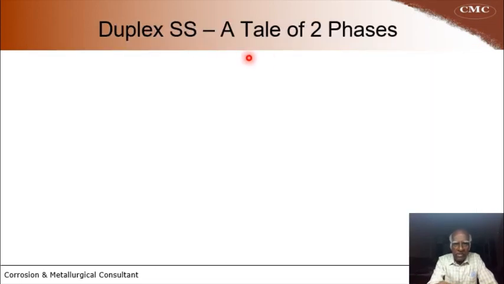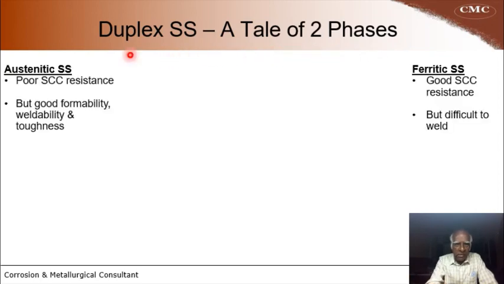Duplex stainless steel is normally termed as a tale of two phases, something similar to saying a tale of two cities. This duplex stainless steel will have two phases. Austenitic phase, which will have good corrosion resistance but poor resistance to stress corrosion cracking, SCC.